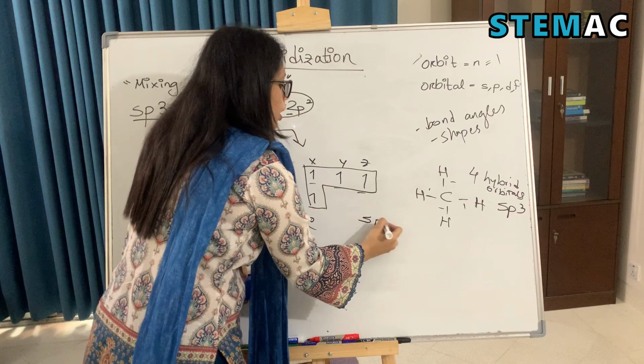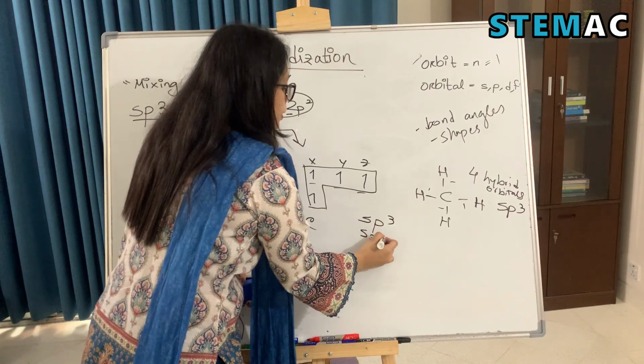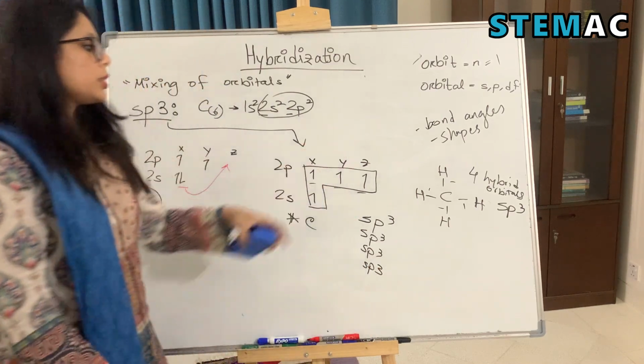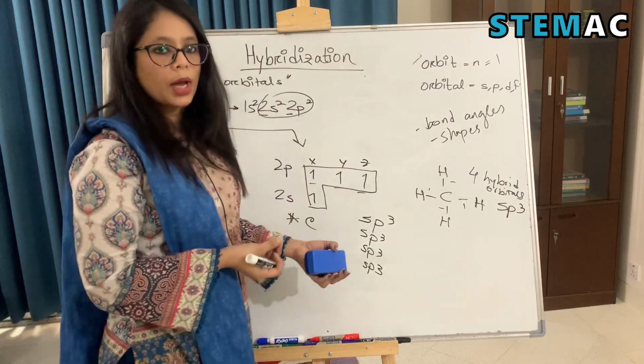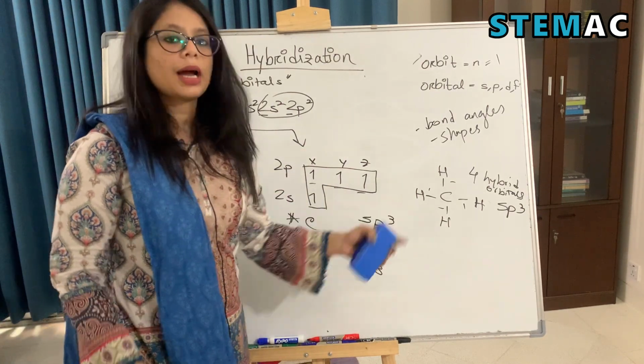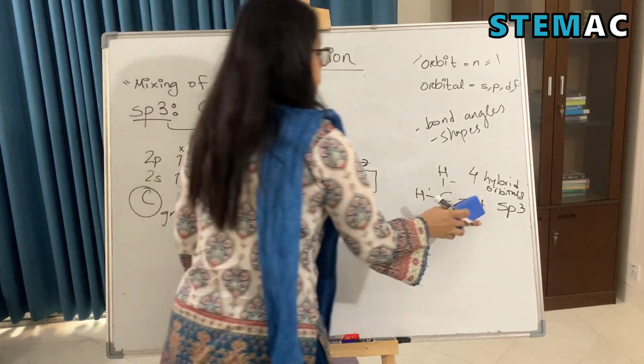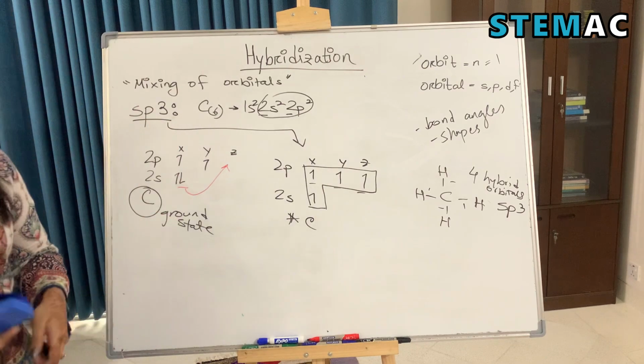You have to write 1 sp3, 2 sp3, 3 sp3 and 4 sp3. That means each time you try to talk about the hybrid orbitals, you have to take the entire name of the hybridization. Okay, this was the example of sp3 hybridization.